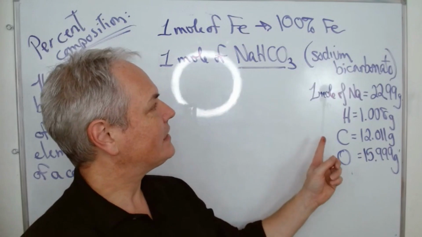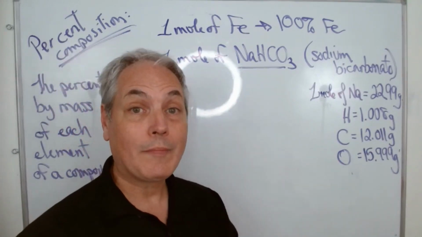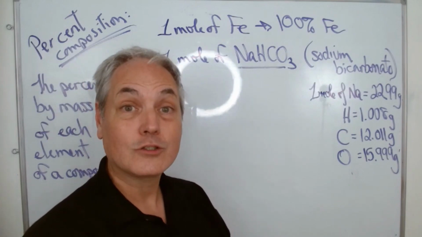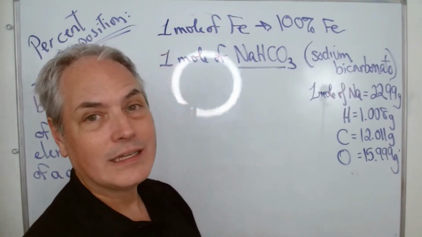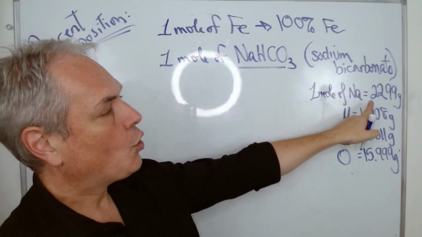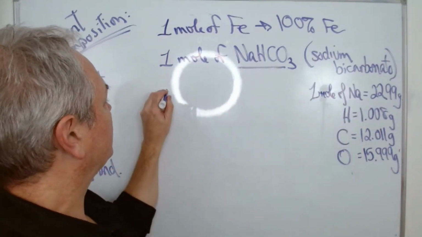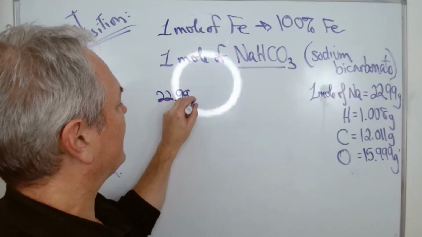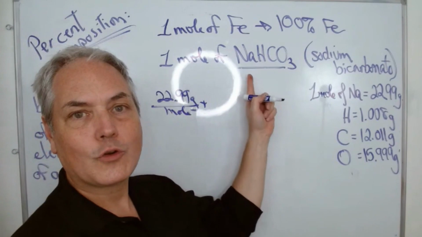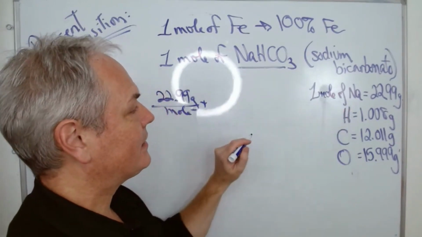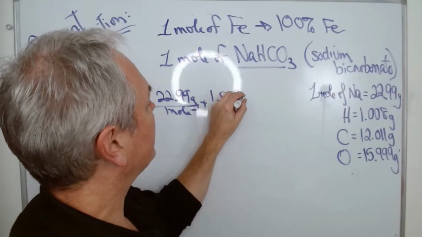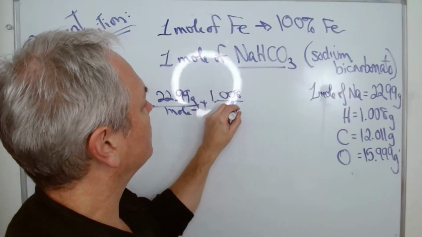Now I need to know the total mass of 1 mole of this sodium bicarbonate. So let's do some calculation. In this mole I have 1 mole of sodium at 22.99 grams per mole. I'm also going to add the mass of 1 mole of hydrogen, 1.008 per mole.